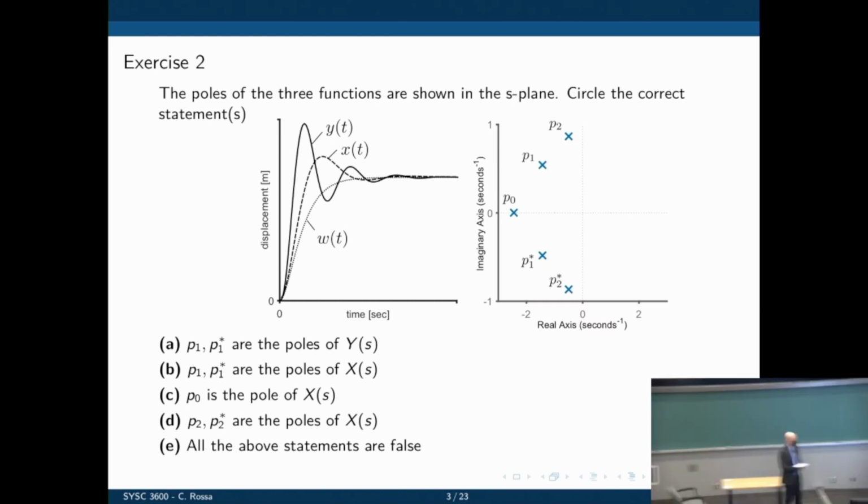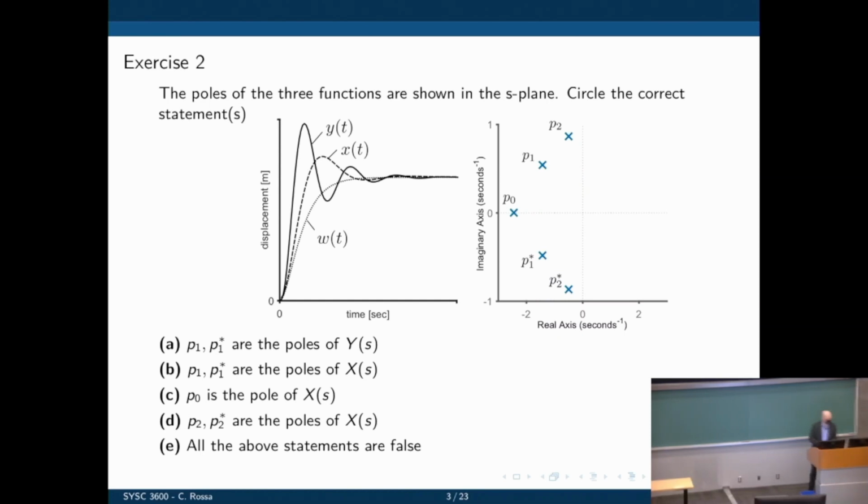How would you approach this question? Take a look at it and see if you can find the answer. I think the first step is to identify which pole gives each of these time responses, and then from there we see which one of those statements hold.